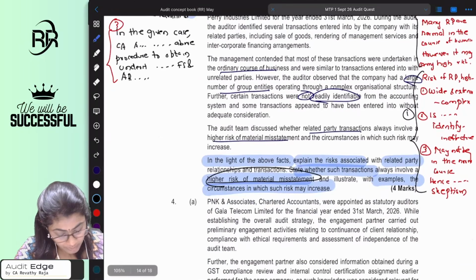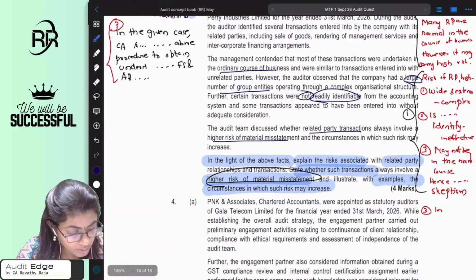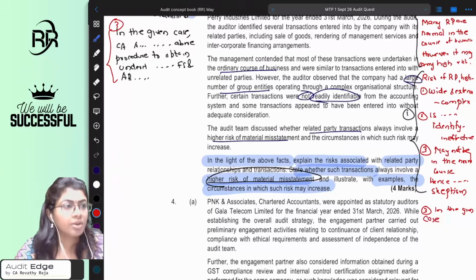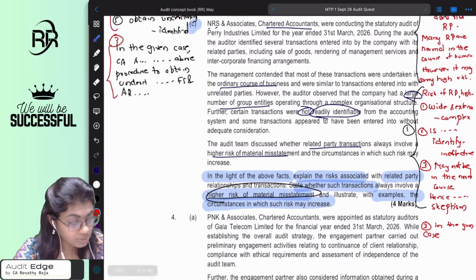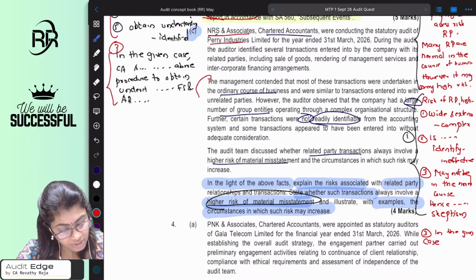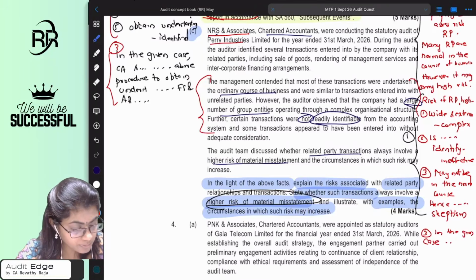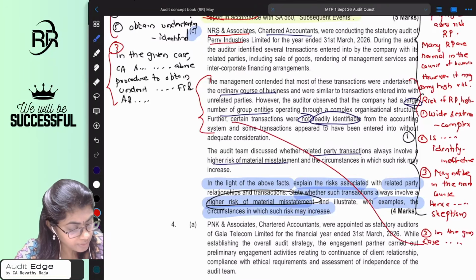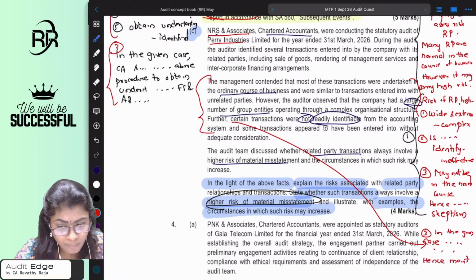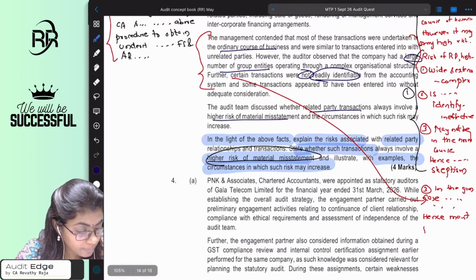So third para, in the given case. So in the case study you see, in the given case, NRS Associates, auditors of Perry Limited, they observed this. This you have to write. Therefore, or hence, they should maintain professional skepticism.